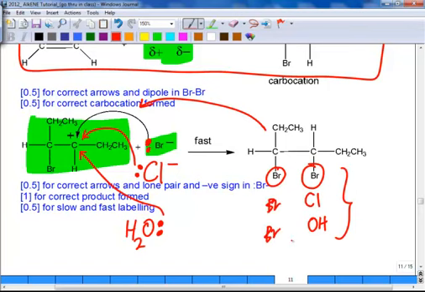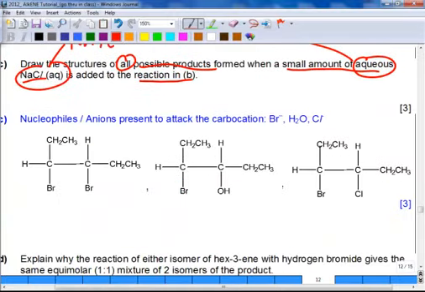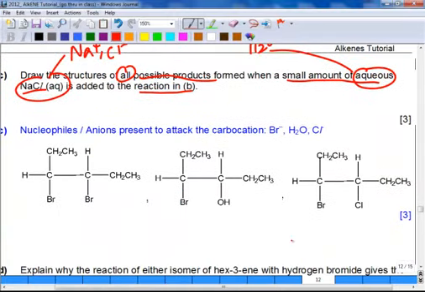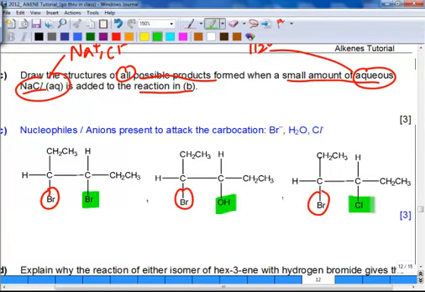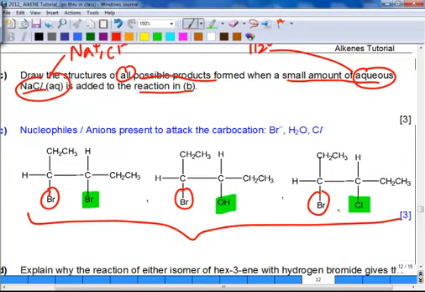Is it okay? Can? So your product will have exactly the same Br, only this part will change. Out of these three, which one is the most major? Yes, correct, this one. Major.